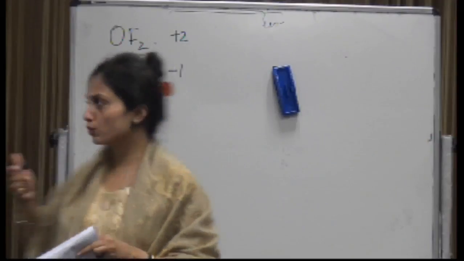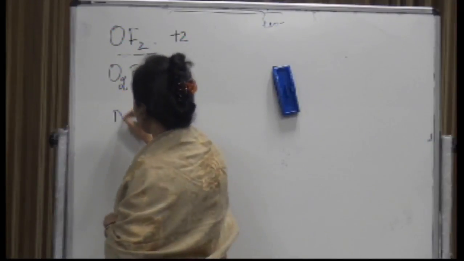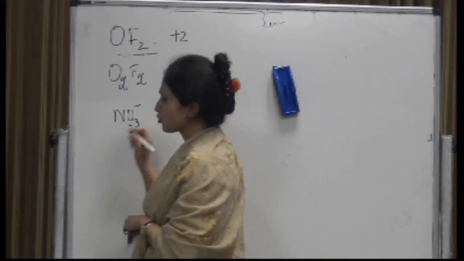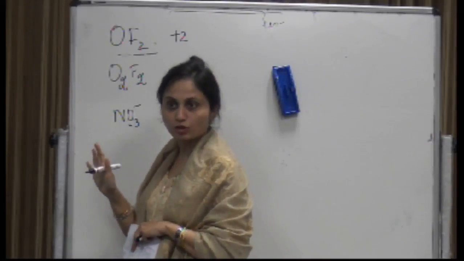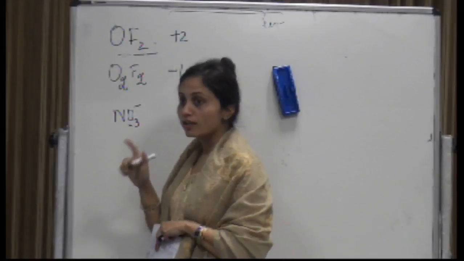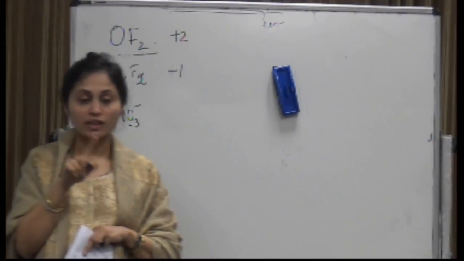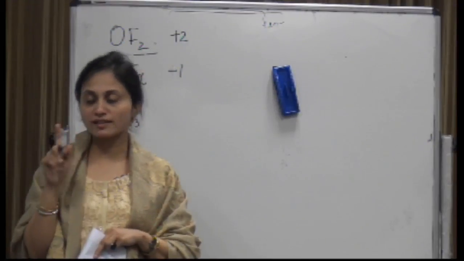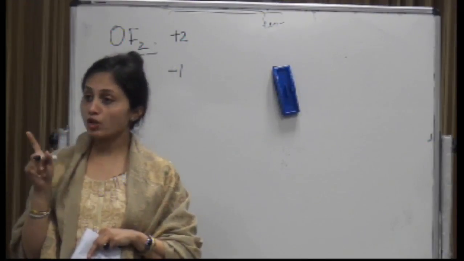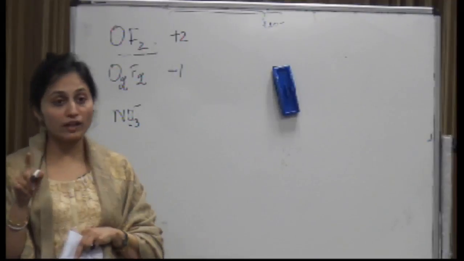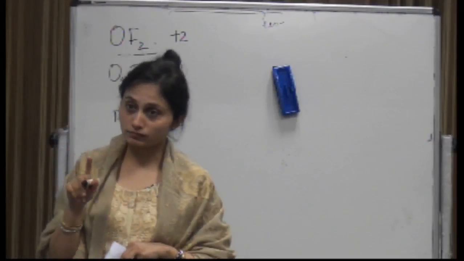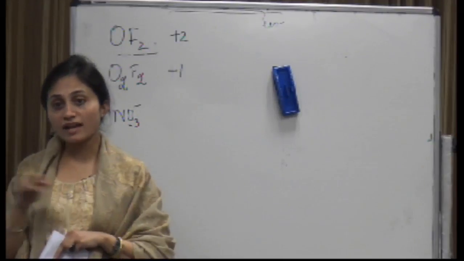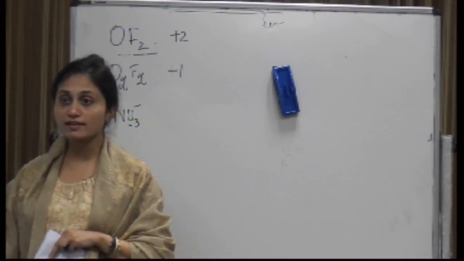That is like if you talk about, say, NO3 minus. In NO3 minus, oxygen is not in a peroxide state, so it can be taken as -2. That is why we have done it for oxygen. In peroxide it's -1, in superoxide it's -half, in OF2 it is +2, in O2F2 it is +1, and otherwise in general it is -2.